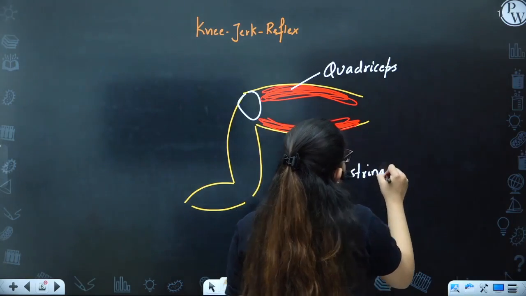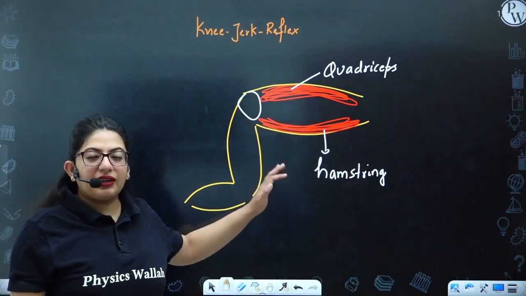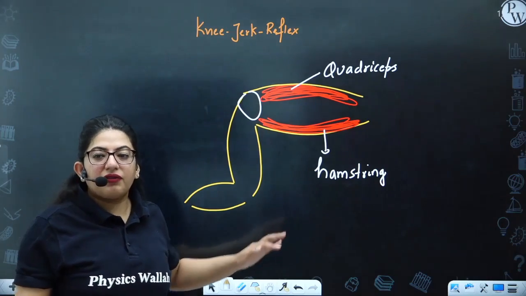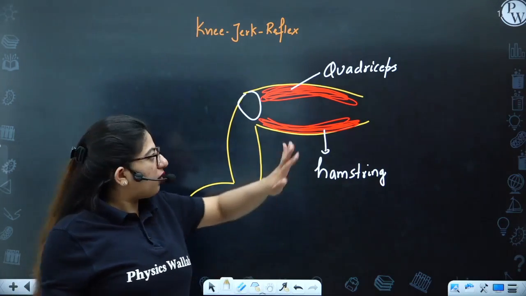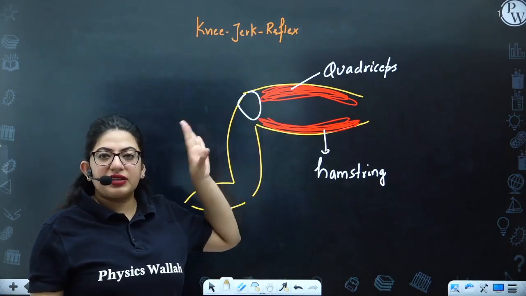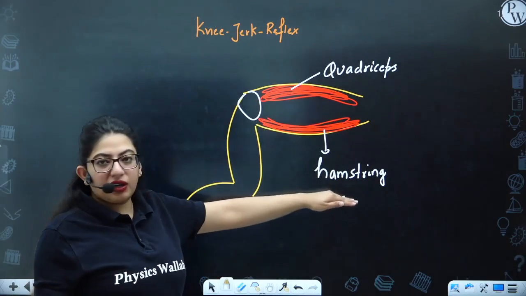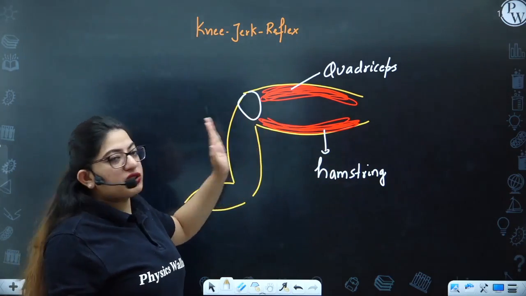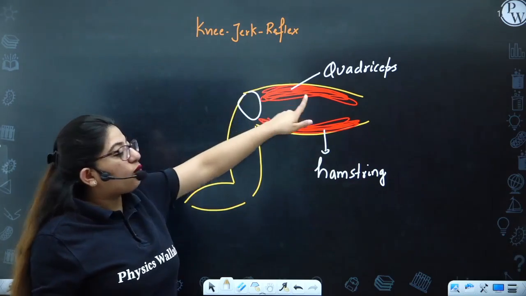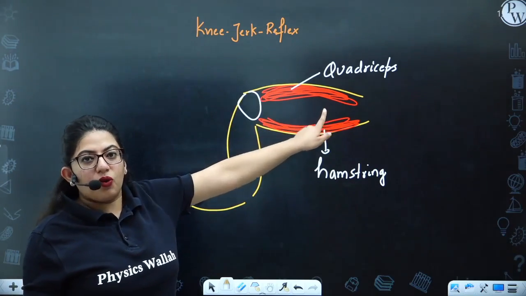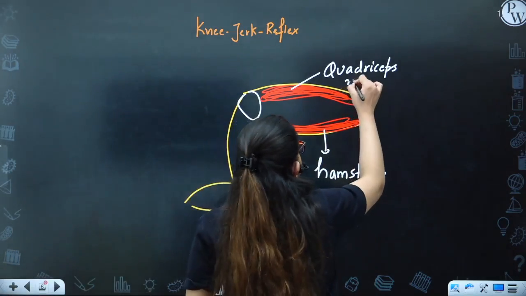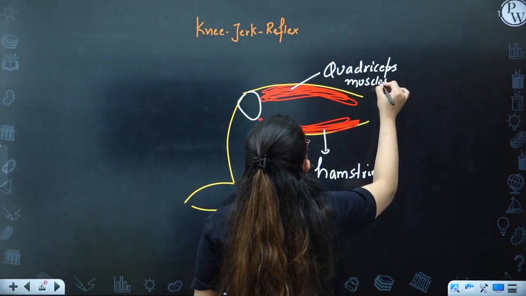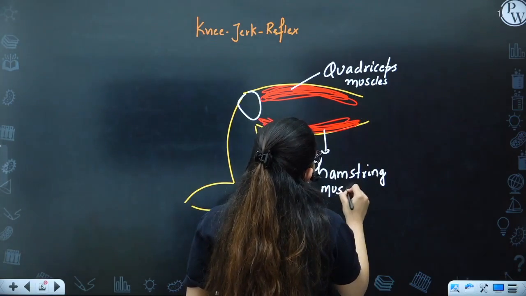The function of the hamstring muscle is to keep the leg in a bending position. So whenever I am bending my leg like this, the hamstring is functioning, or it is contracting. If I want to straighten the leg like this, then the quadriceps will work. So these both are muscles: quadriceps muscle to straighten the leg, and hamstring muscles to bend the leg.